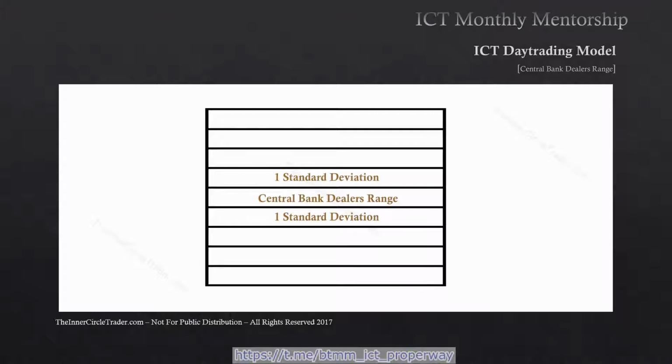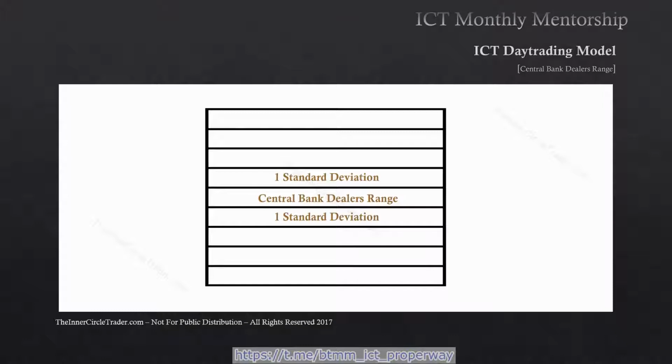One standard deviation above and below would be the same range added to the high of the central bank dealers range, and one standard deviation is the same range that makes the central bank dealers range in total range in terms of pips, and we subtract that range from the central bank dealers range low, and that would give us one standard deviation above it and one standard deviation below it.